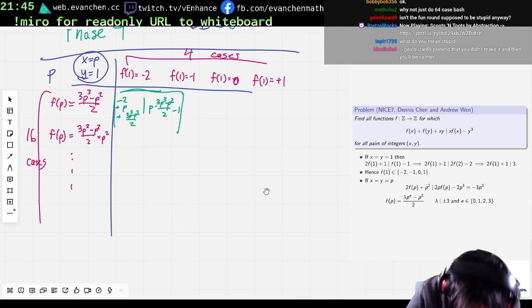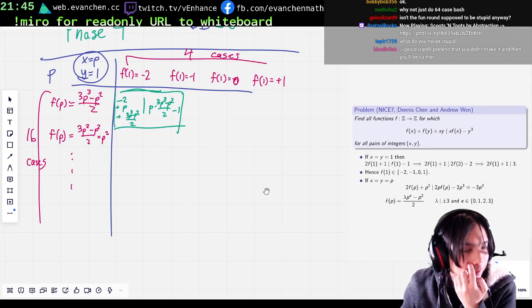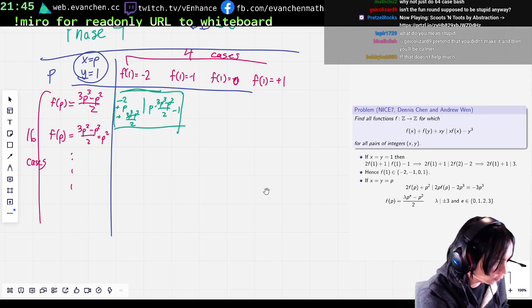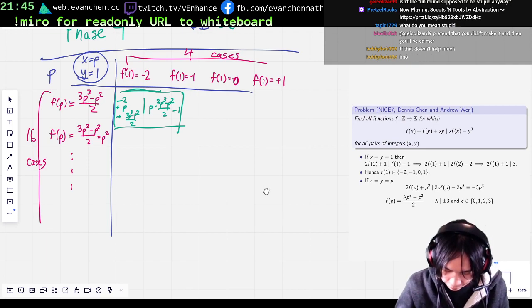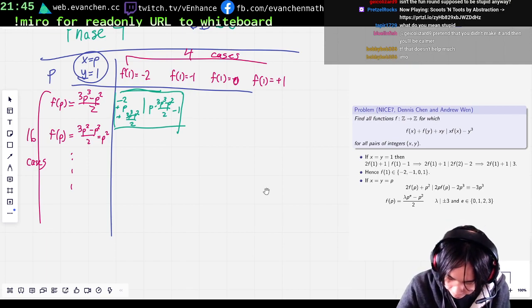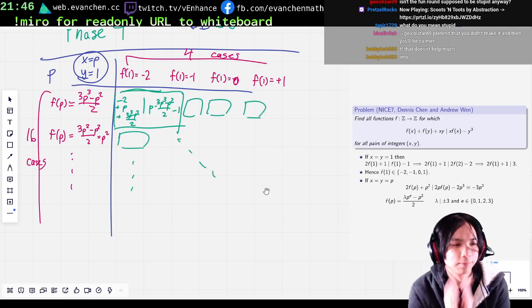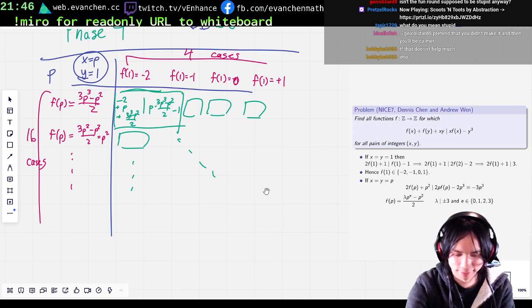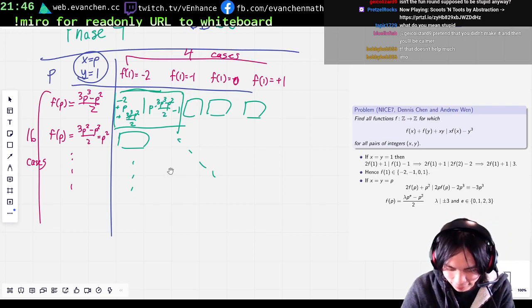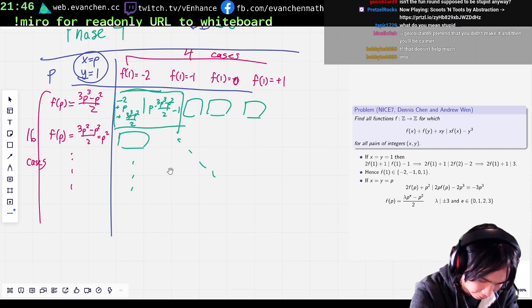So this is the first cell of the table, and then there are 64 more cells. So yeah, we have 64 cases.